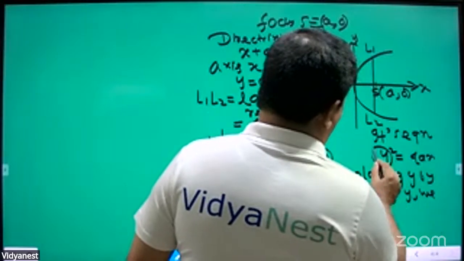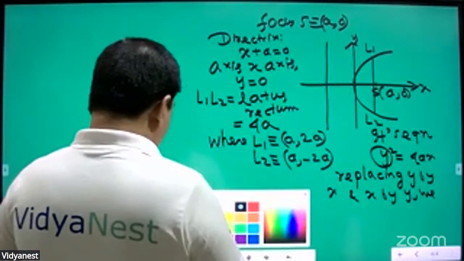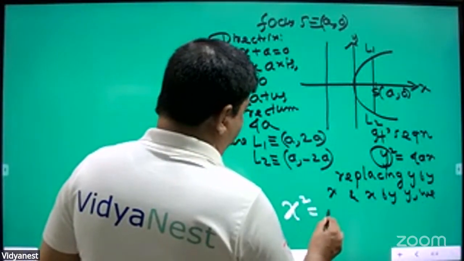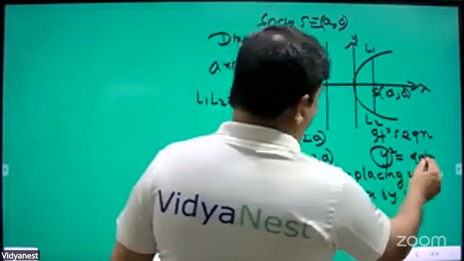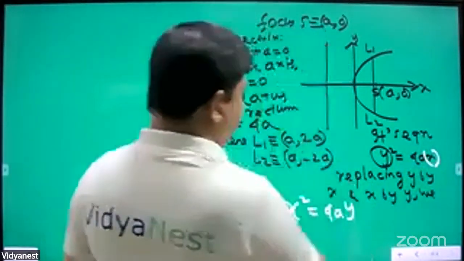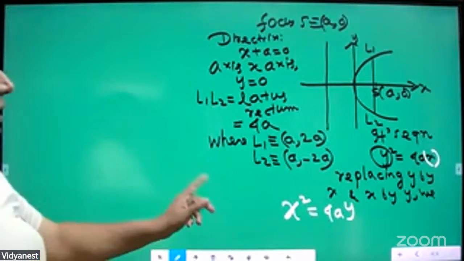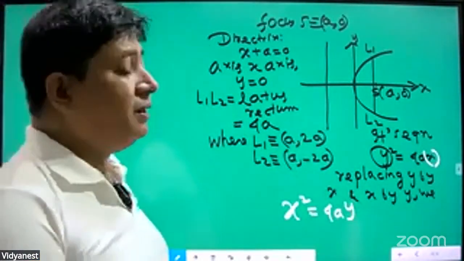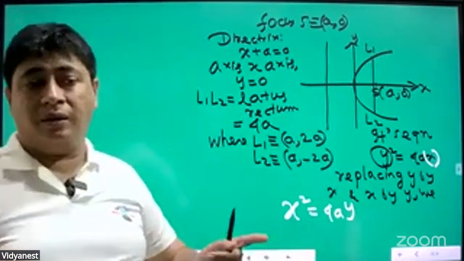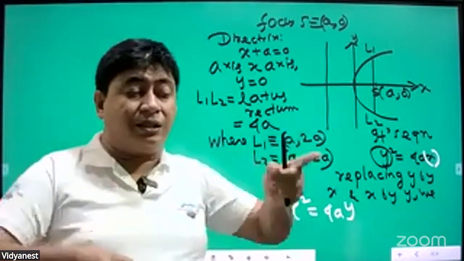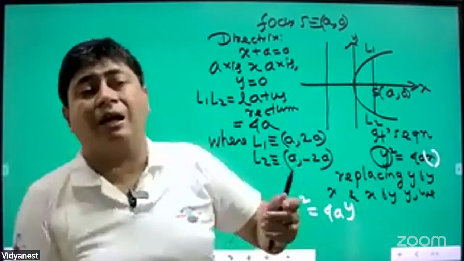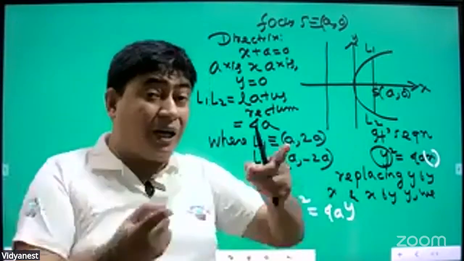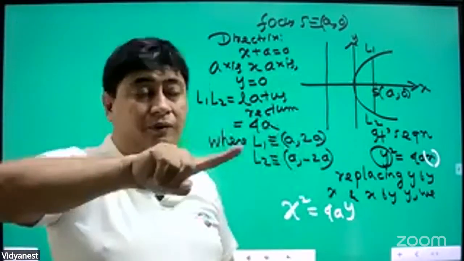In place of y you put x square, in place of x you put y. That means x and y is just reversed. X has become y, y has become x. That means the figure will be reversed now.